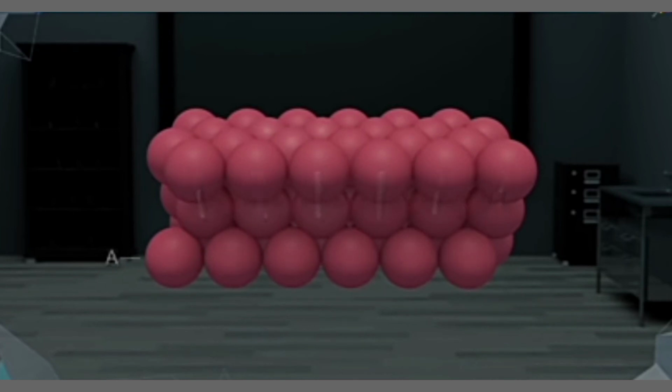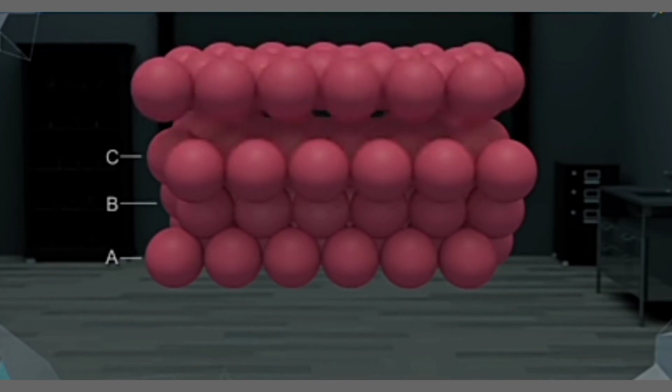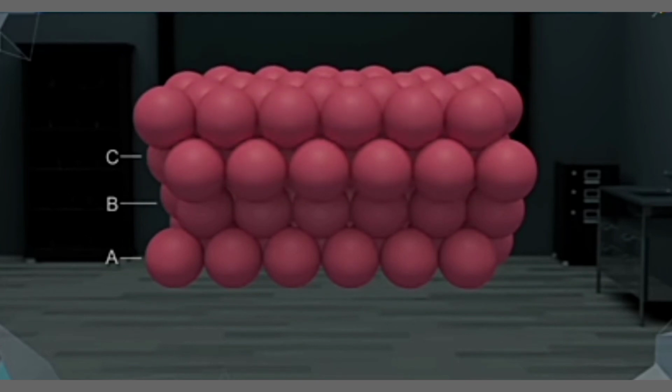So, if we call the first layer A type and the second layer B type, then the third layer will be C type. This pattern of spheres is repeated in the other layers, that is, the fourth layer will be exactly aligned with the first layer.